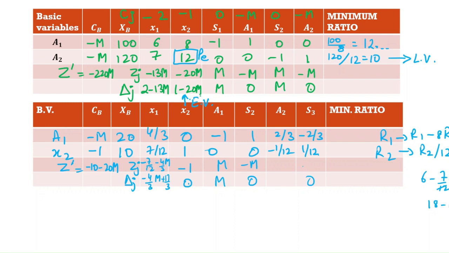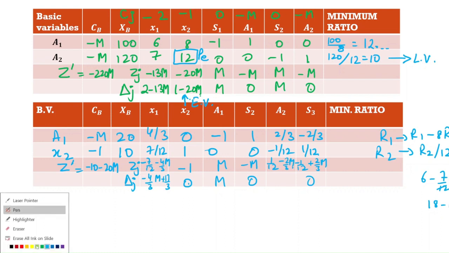This will be 1 by 12 plus minus 1 by 12 plus 2 by 3M, so that's positive, and this is plus 1 by 12 minus 2 by 3M. So ultimately, obviously, minus 4 by 3M is the most negative, so we'll be entering it.